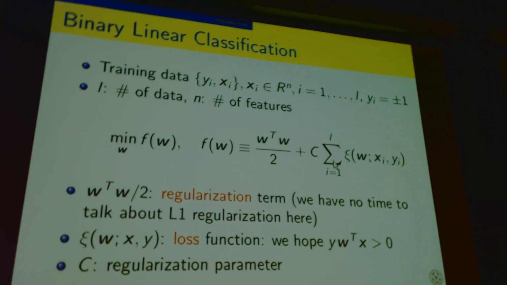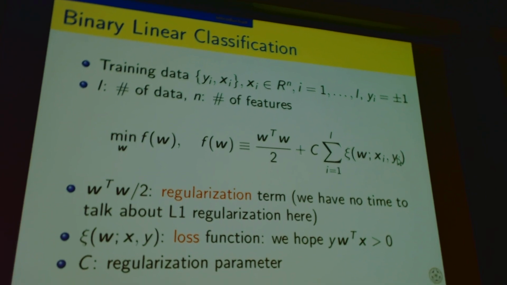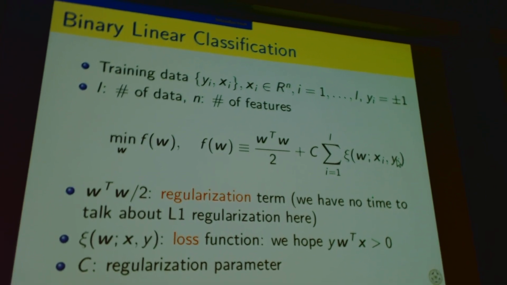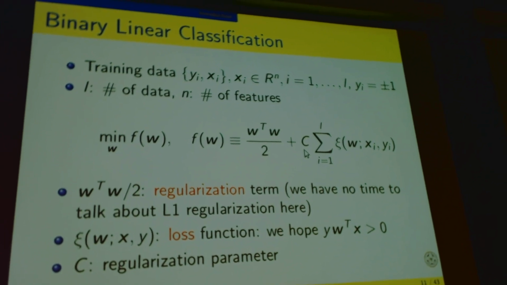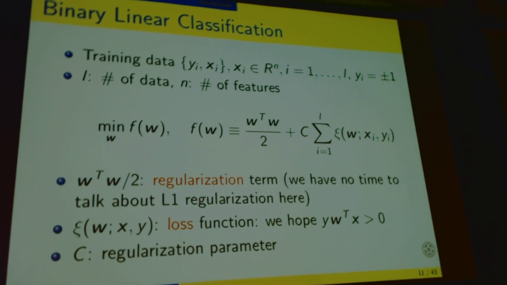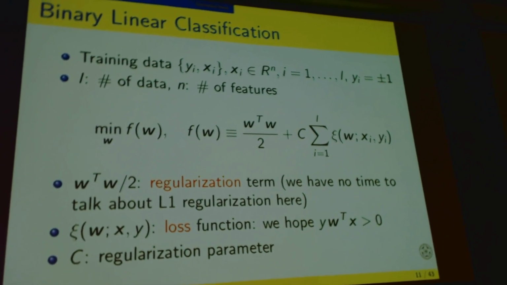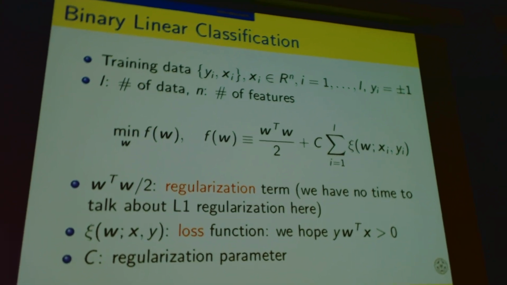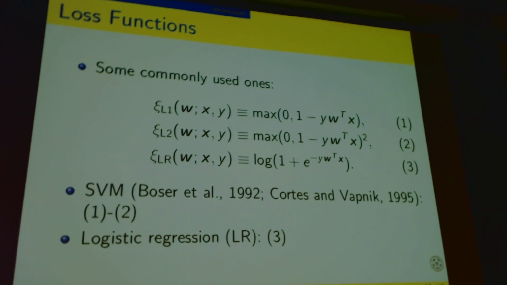We have the summation over training data, and for each i, this function indicates the training loss at the ith data. There's a parameter C, which is usually called the regularization parameter, to balance between the two terms. The reason for doing that is that you want to avoid overfitting, but also avoid underfitting. So this is the standard way of doing binary classification.